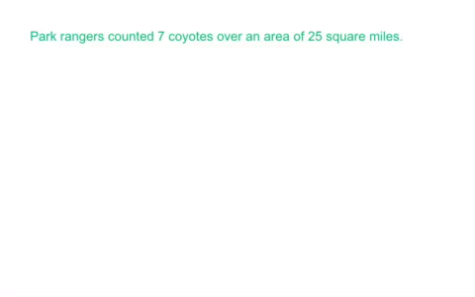A park ranger counted 7 coyotes over an area of 25 square miles. So we want to know the population density of those coyotes. Population density is the number of items, objects, people, or animals, divided by the area.